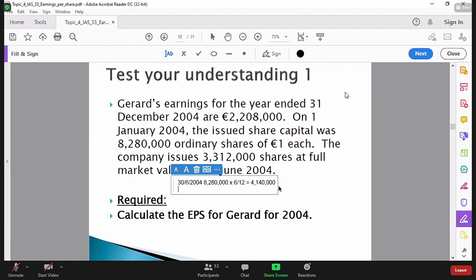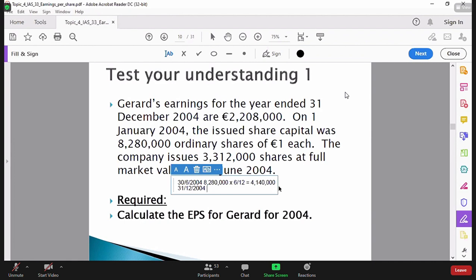1 Julai. From 1st July sampai ke December lah, right? Yes. Okay, so meaning as at 31st December 2004, how to calculate then? 3312 tu times dengan 6/12 juga.